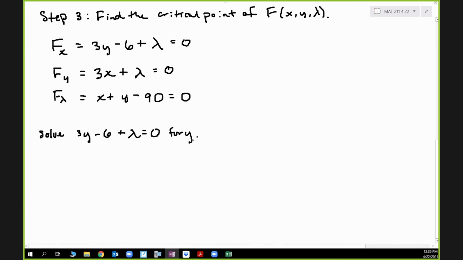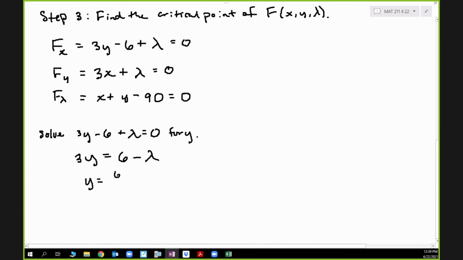So in this case, we have y in the first equation instead of x, but we can still do the same thing. Solve for y. So we would add 6 and subtract lambda to the other side, and then divide everything by 3.